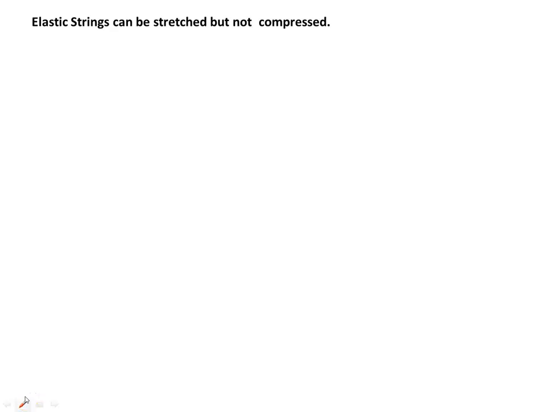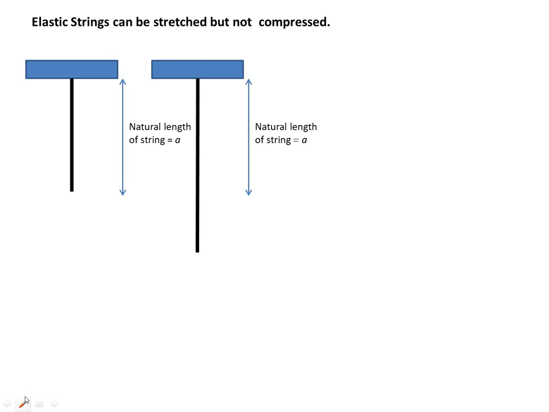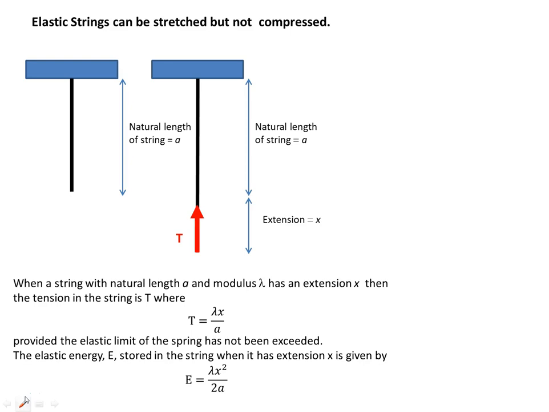It's important to remember that an elastic string can be stretched, but it can't be compressed. If you've got an elastic string whose natural length, that's its length when it's just hanging freely, is of length A, and then we stretch it, give it an extension of x, then Hooke's law says there'll be a tension in the string of size lambda x over A, where lambda is the modulus of the string and A is the natural length of the string.